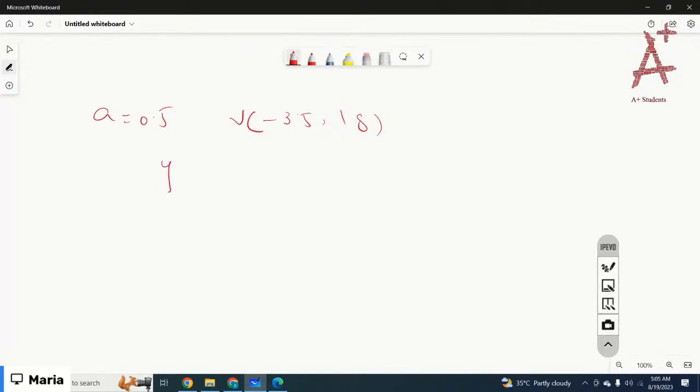So the equation in vertex form would be y equals a times x minus h whole square plus k. So a is 0.5, and x minus h would be x plus 3.5 whole square, plus 18. That would be the equation, right? Okay, let's just start with question number 2.